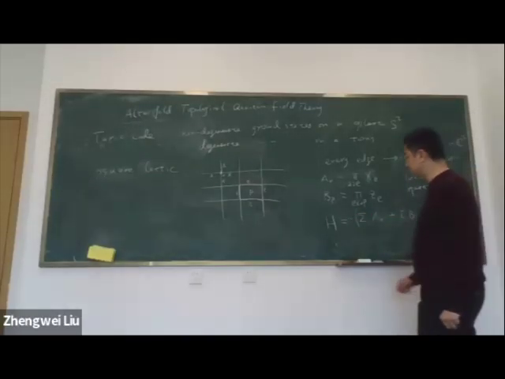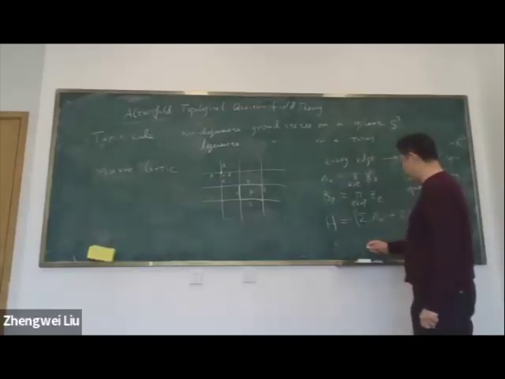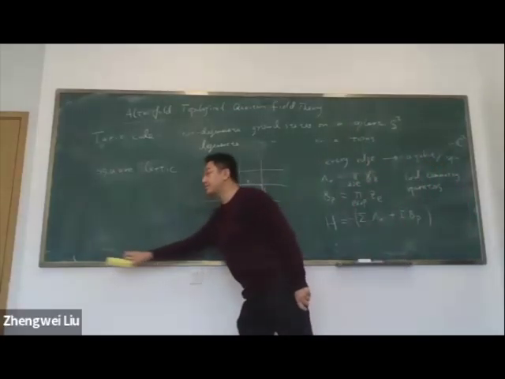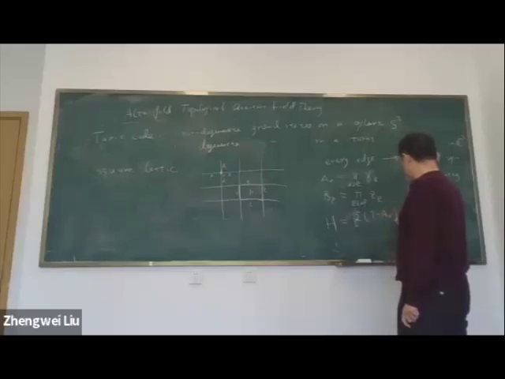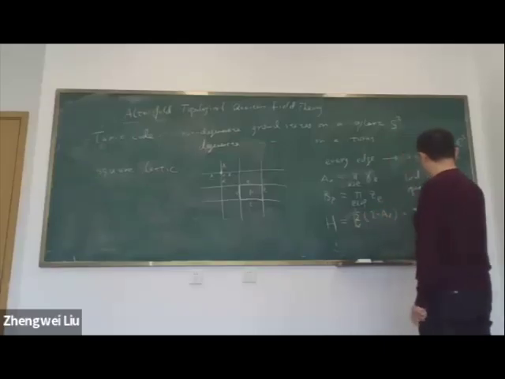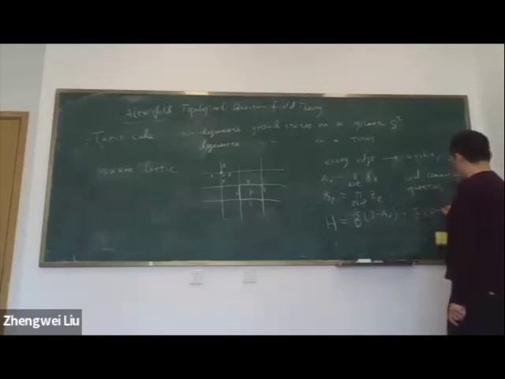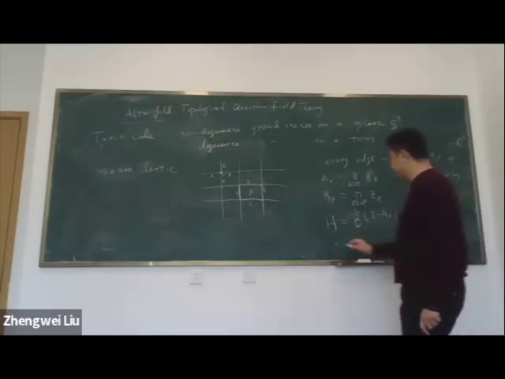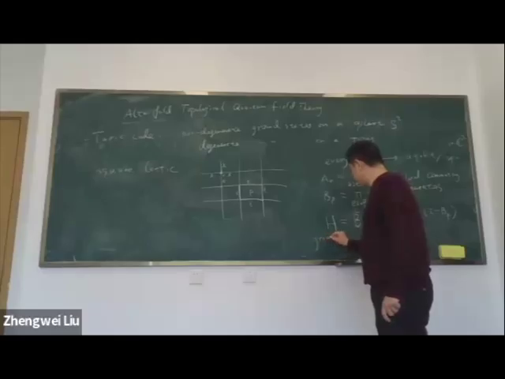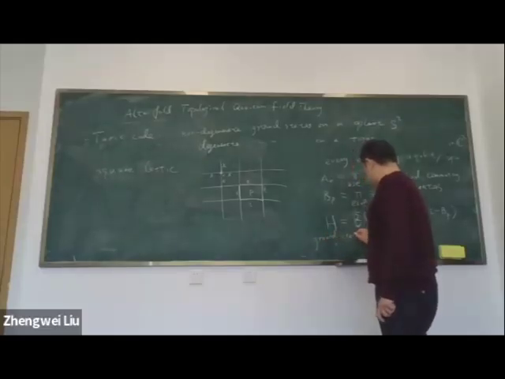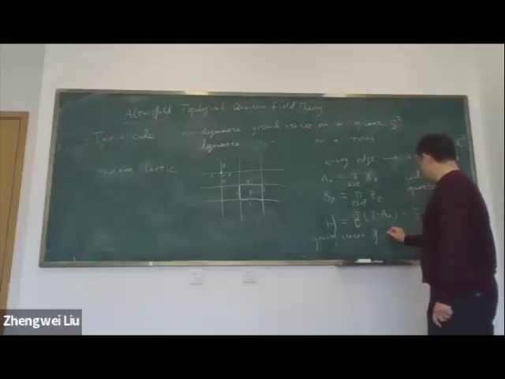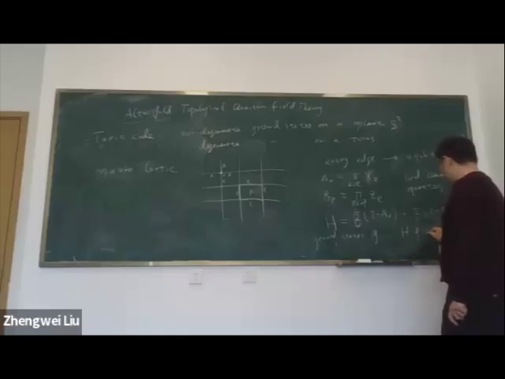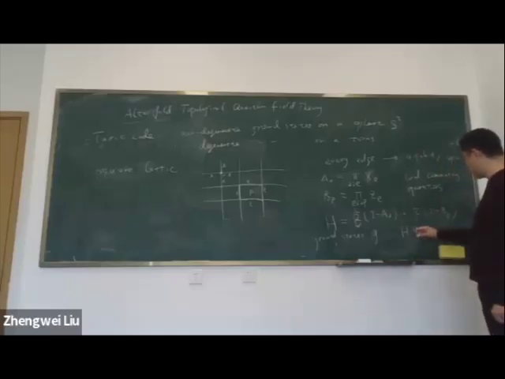Then we can also normalize this so that the ground state has eigenvalue 0. The ground space is given by those vectors, and the eigenvalue of H acting on the ground state is 0.